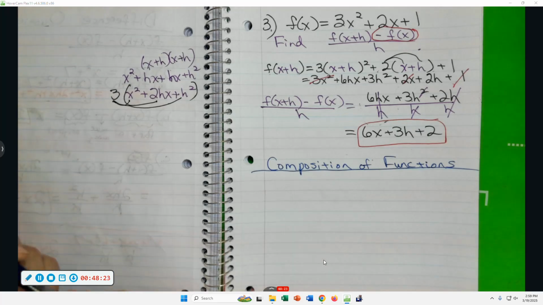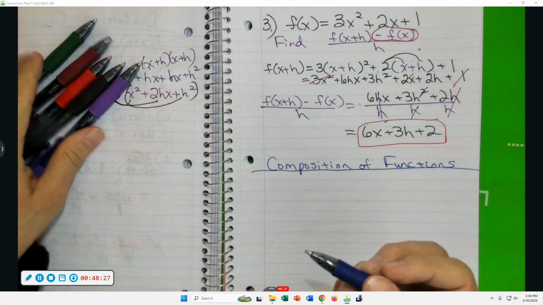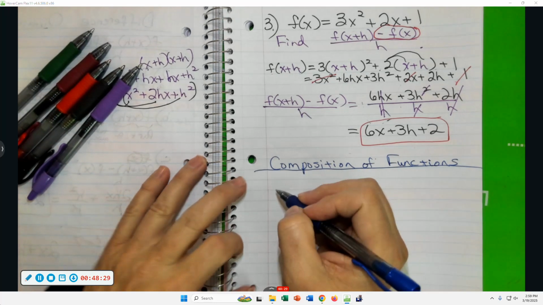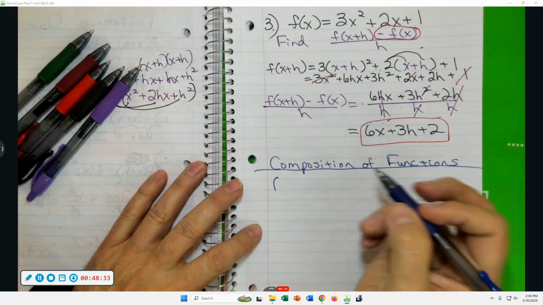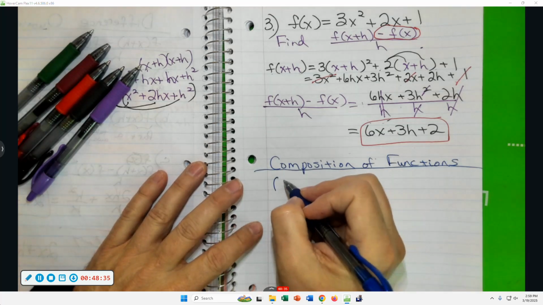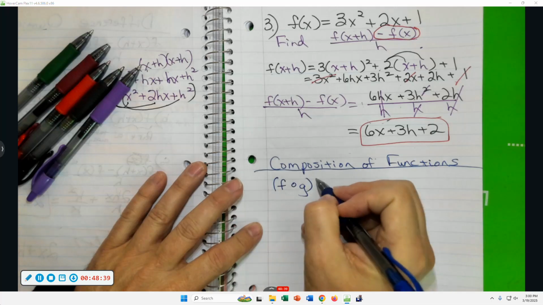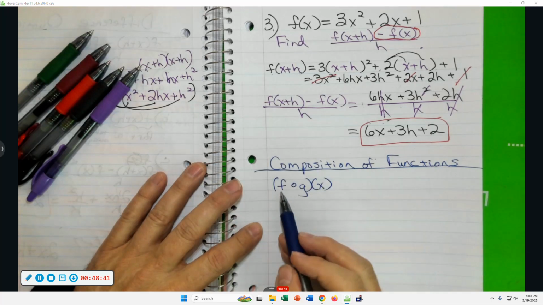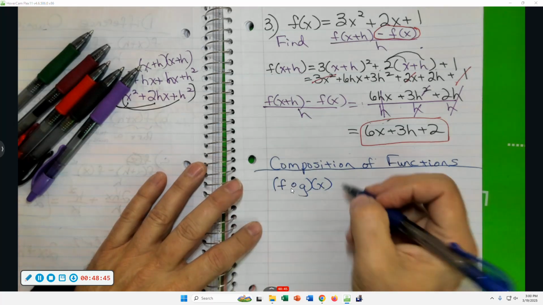They needed a symbol to represent composition, and when they were inventing this, they decided on a pretty nice, pretty smart symbol. F composed with G of X. It's F, a little o, G. It looks like fog.